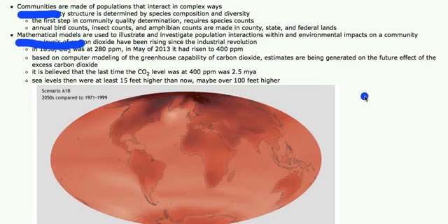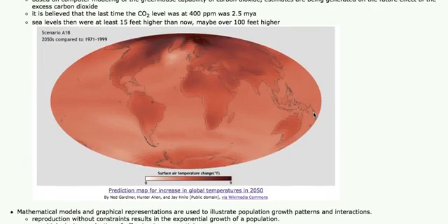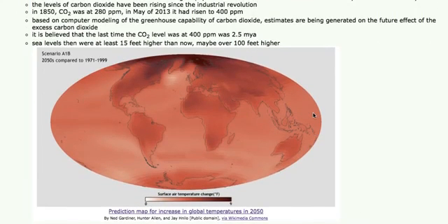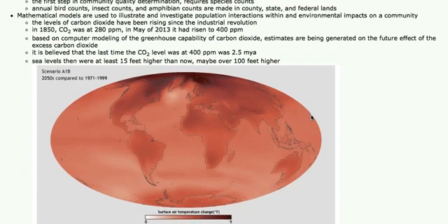And a very controversial aspect of mathematical modeling is the modeling that's used on weather patterns. And related to that is carbon dioxide levels in the atmosphere. Carbon dioxide levels in the atmosphere have been on the rise for quite some time, and mathematical modeling has been used to predict that sea levels should rise at least 15 feet higher than their present levels by the year 2050.